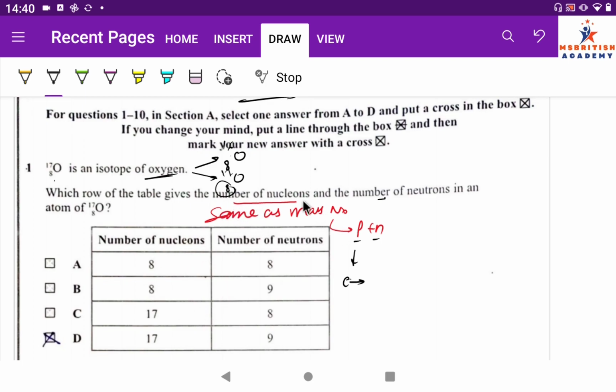So here we can say 17 is equal to the number of protons, 8, plus n, the number of neutrons. So 17 minus 8 is 9, so the number of neutrons will be 9, and the number of nucleons is the same as the mass number, protons plus neutrons, which is 17. So the final answer will be D.